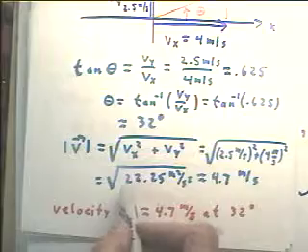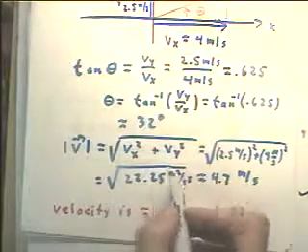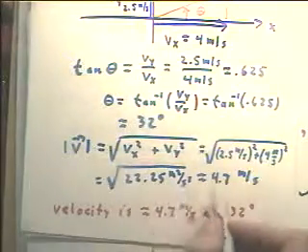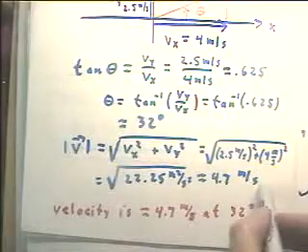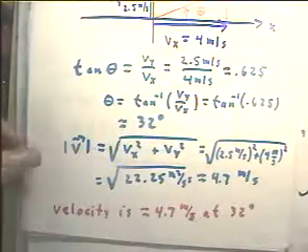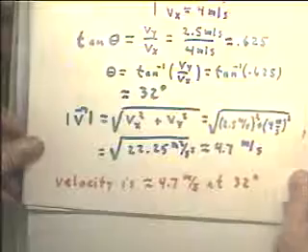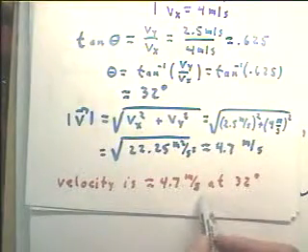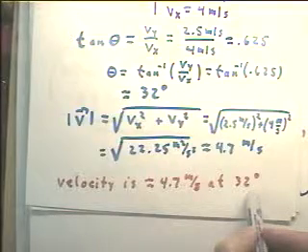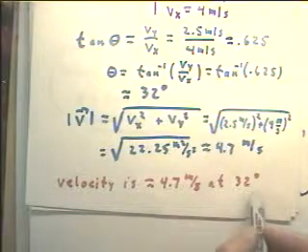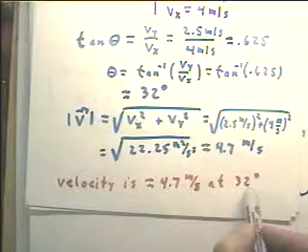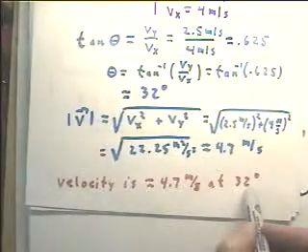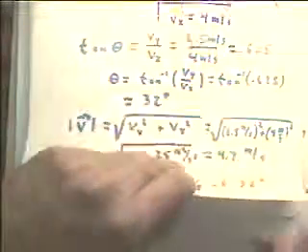So we get the square root of 22.25 meters squared per second squared, and that's 4.7 meters per second. We then conclude that the velocity is 4.7 meters per second at an angle of 32 degrees, remembering our convention that this angle is always measured with respect to the positive x-axis going in the counterclockwise direction.